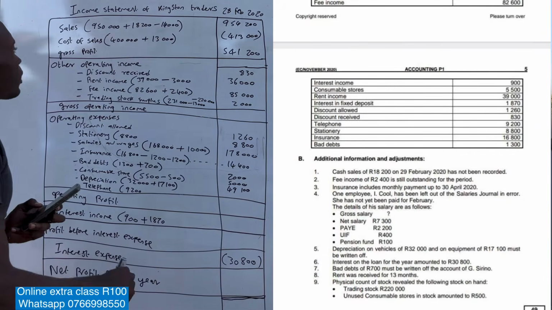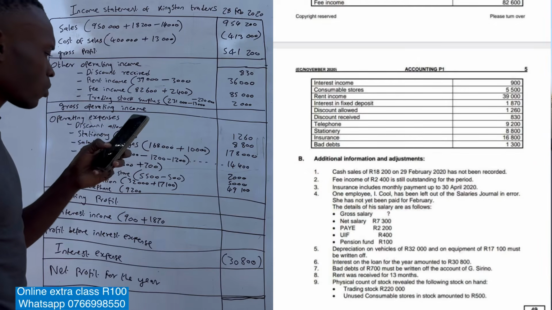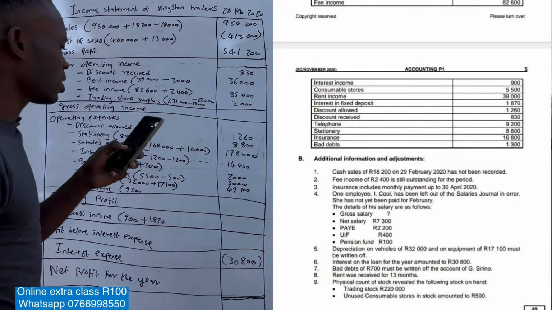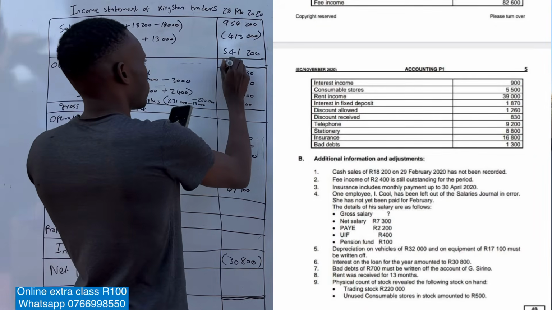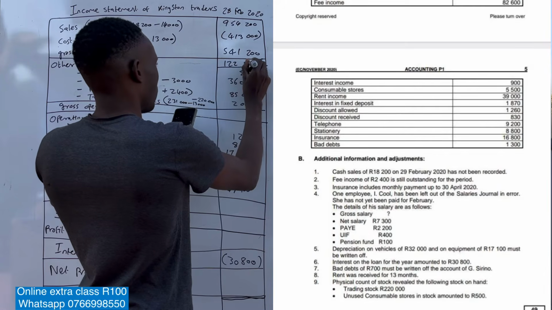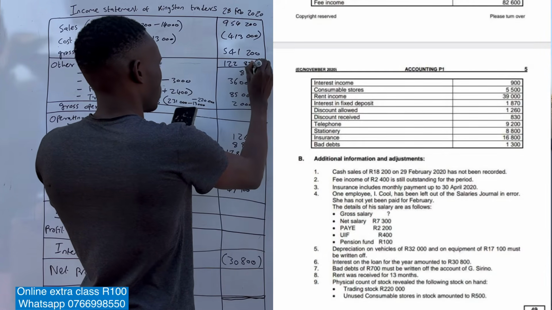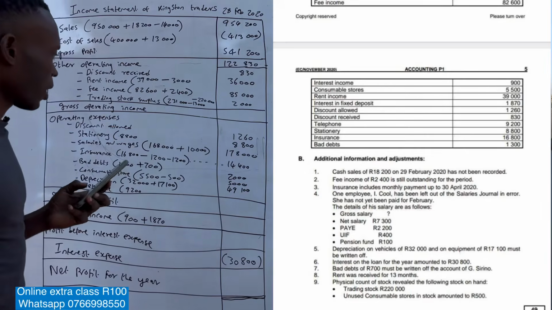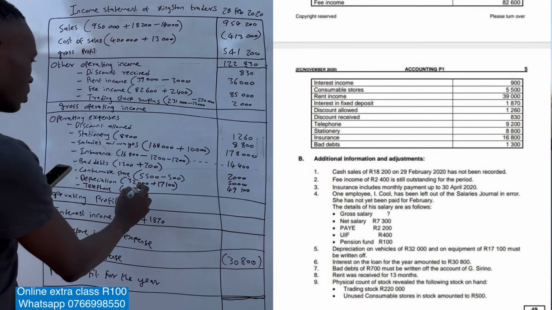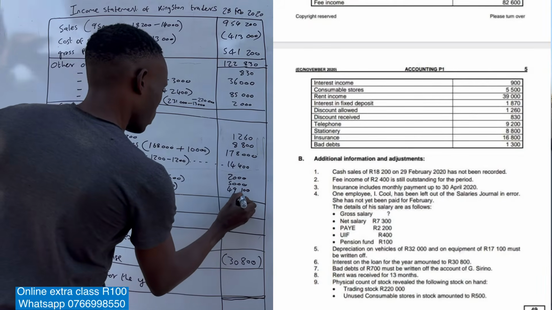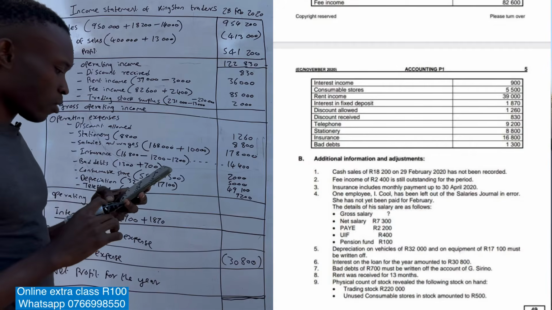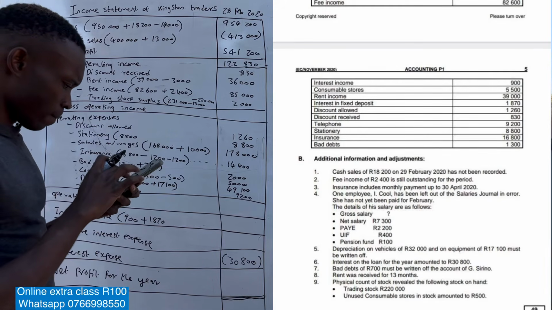Okay, then after that, guys, you need to calculate your operating income, which is going to give you 123,888. And all your expenses which we didn't close, this one is 9,200. You need to verify on your side as well, guys.